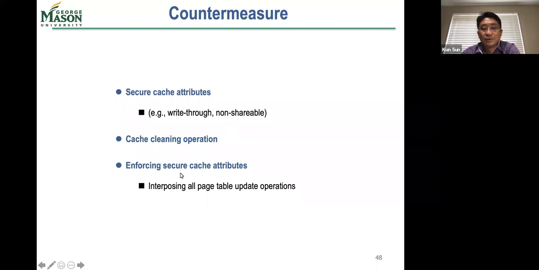And for all these attacks, one requirement is that the malicious rich OS needs to manipulate the page table, so it can map to the same physical address. Then by reading and writing to the same physical address, it can manipulate the cache content. So if from the trusted secure world we can interpose on all those page table manipulations by the rich OS, then it's possible we can defeat these cache-in-the-middle attacks.